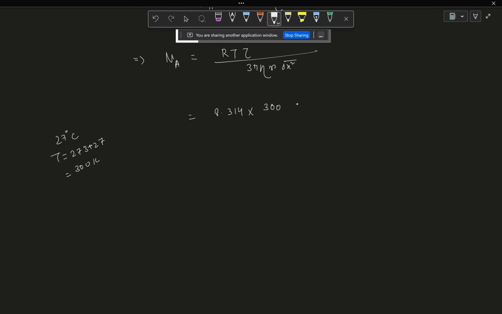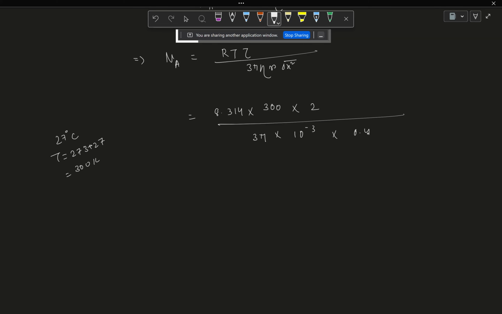And your tau, the interval of taking the data, is given as 2 seconds, divided by 3 pi into the viscosity, which was given as 10 to the power of minus 3. This was in Newton second per meter square, which is the SI unit equivalent to Pascal second.